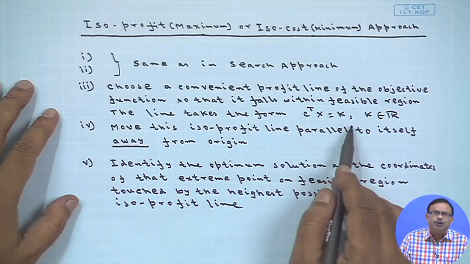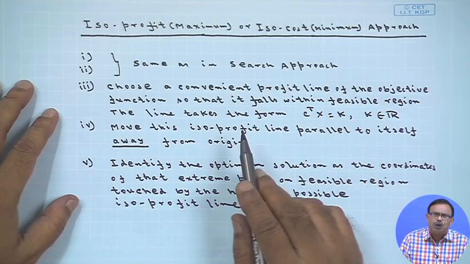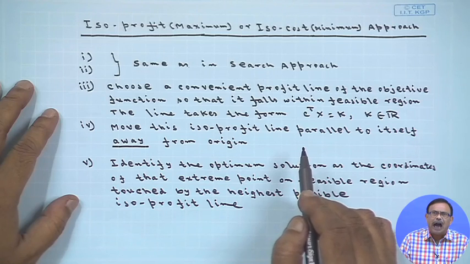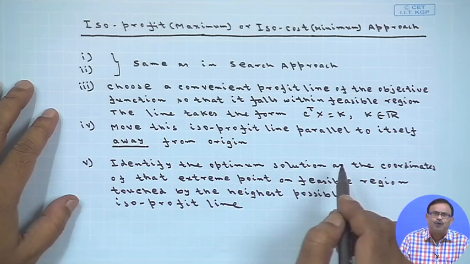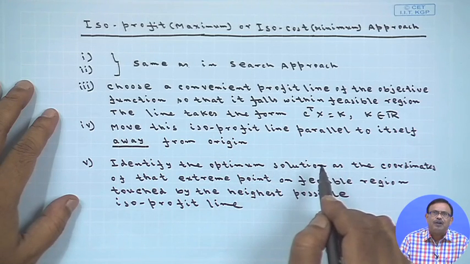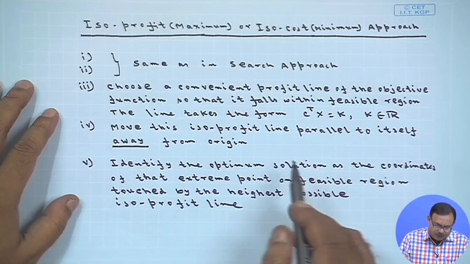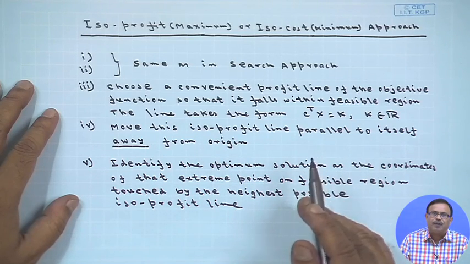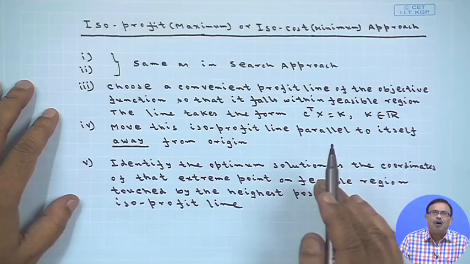Using this you choose an arbitrary profit line of the objective function, and that line should fall inside the feasible region. Now, move this ISO profit line parallel to itself away from the origin.